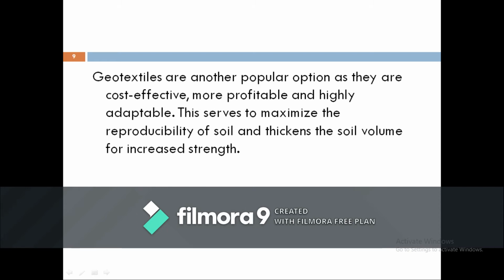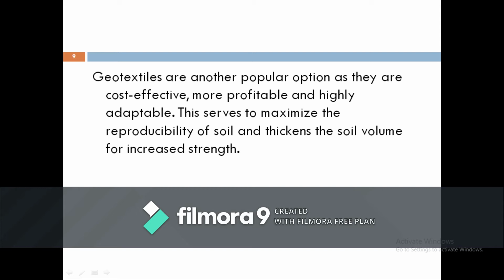The next element we use, which is much used, is geotextiles. Geotextiles are another popular option as they are cost effective, more profitable and highly adaptable. Next to geogrids, the element that is very adaptable, cost effective and profitable is geotextiles.